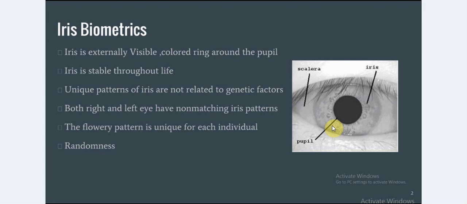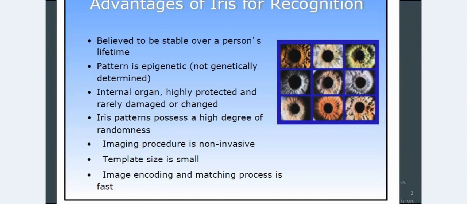So these are the advantages of the iris for recognition. It is stable over a person's lifetime. The pattern is epigenetic, so this type of pattern is not genetically determined. The iris is an internal organ, so it's highly protected and rarely damaged or changed.